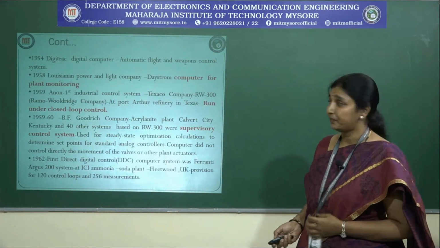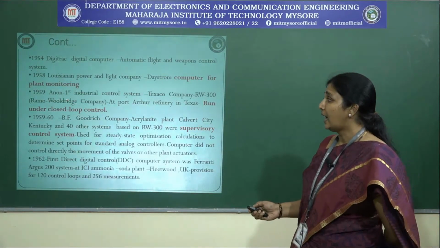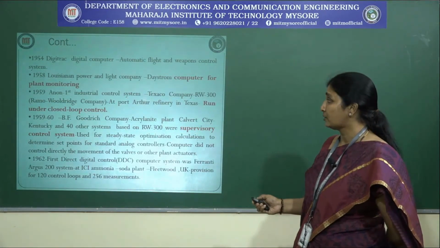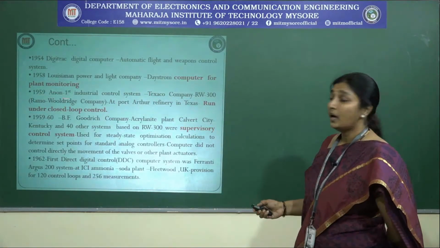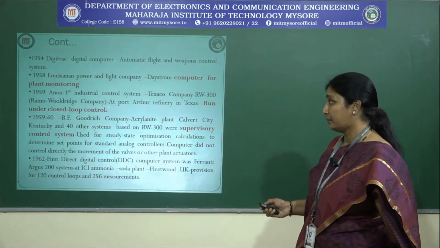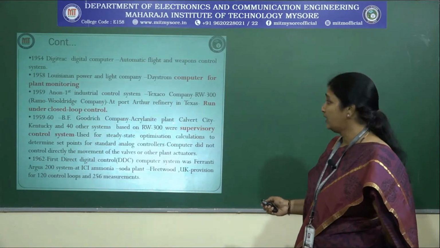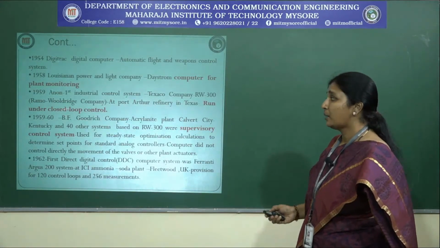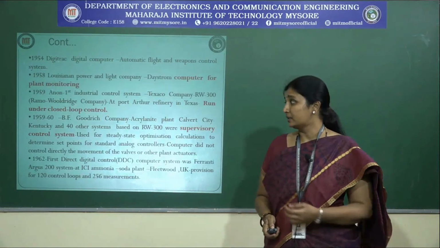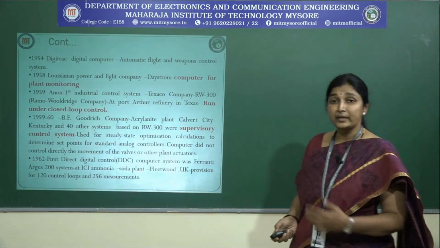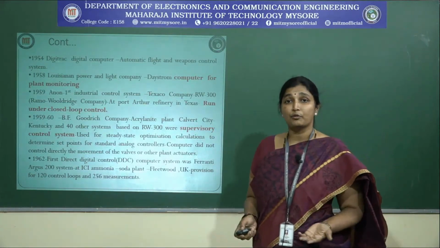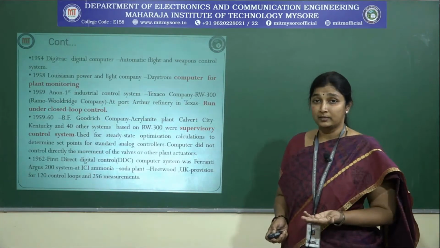In 1959, the first industrial control system was at the Texas company with the RW300, the Ramo Woolridge computer, at the Port Arthur refinery in Texas, where they started with a closed loop control system. It just happened to monitor the complete plant instead of actually controlling the valves.